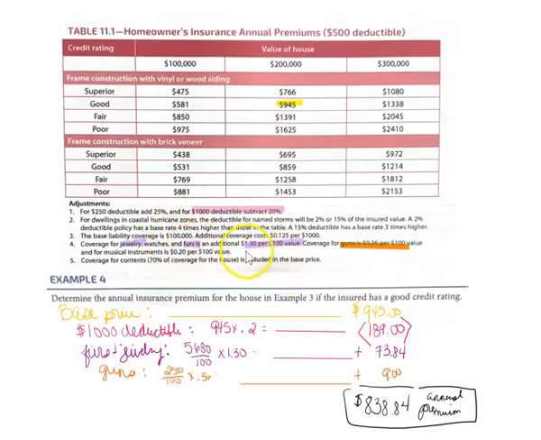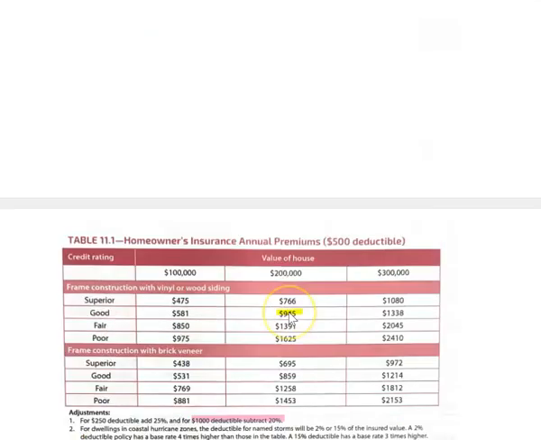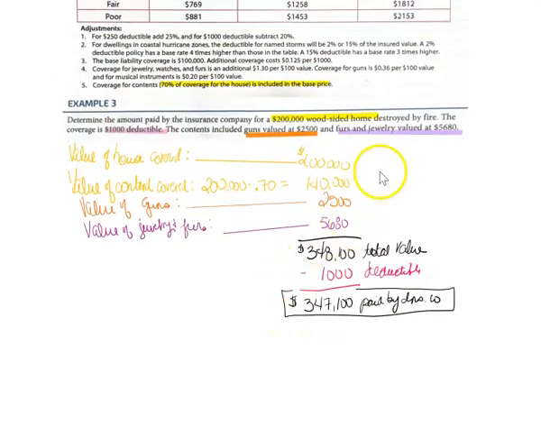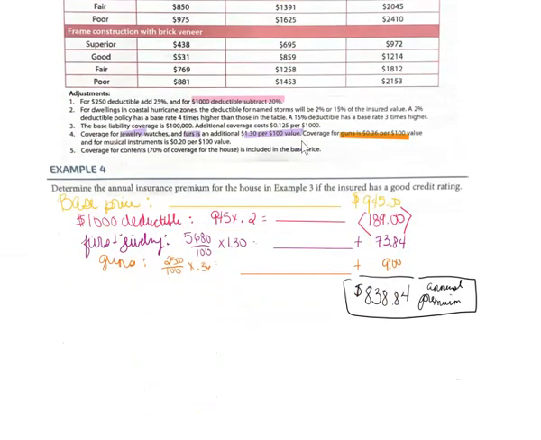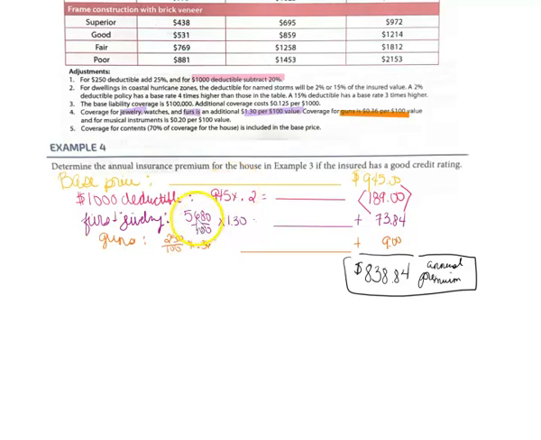Furs and jewelry. How much did, up here, I'm sorry, the other problem. There it is. So furs and jewelry at $5,680, that's how much it's valued in their home. Plus they've got guns valued at $2,500. So we're going to figure out $5,680 divided by 100, and then multiply that number by $1.30, because that's what it costs to cover jewelry.